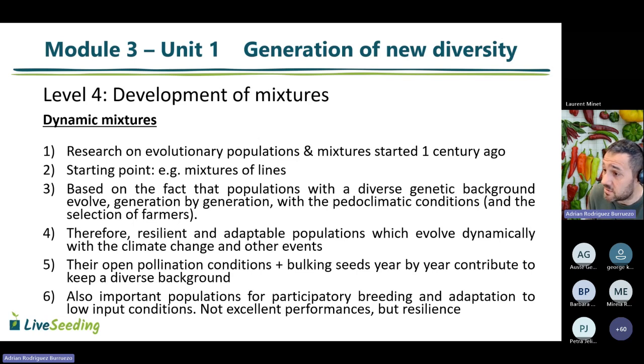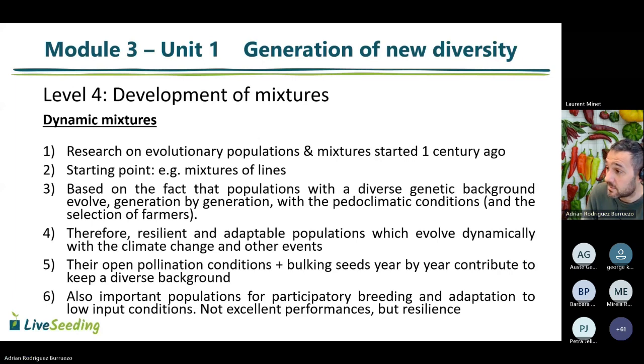The starting point of these dynamic mixtures are mixtures of lines. By contrast to the composite cross population, here we are not performing plant crossings. We are directly based on different lines which are mixed, their seeds are mixed and then left to grow in the field.